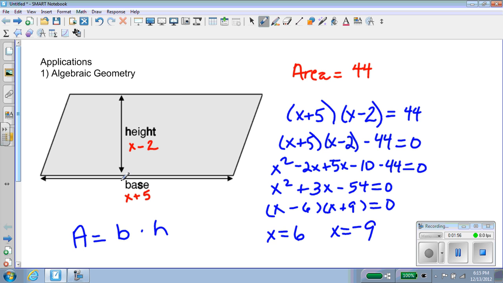Well, in the context of our geometry, x equaling negative 9 doesn't make any sense. But x equaling 6 does, because that means that the height is 6 minus 2, 4, and the base is 6 plus 5, which is 11. And 11 times 4 is 44.